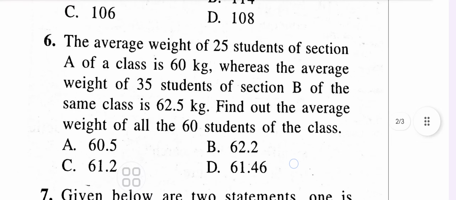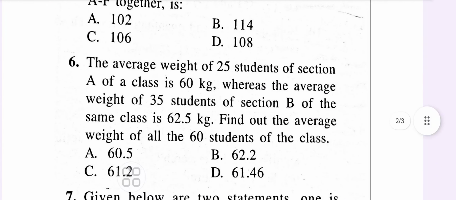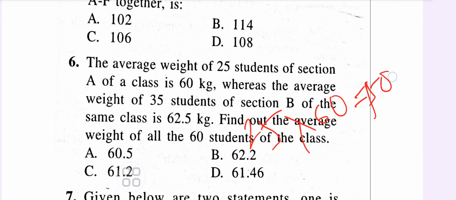The average weight of 25 students of section A of a class is 60 kg, whereas the average weight of 35 students of section B of the same class is 62.5 kg. So to find out the average weight of all the 60 students of the class: total weight of students of section A is 25 of 60, that is 1500.